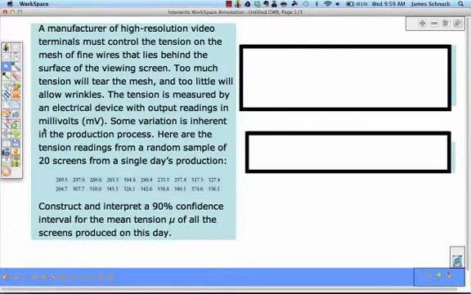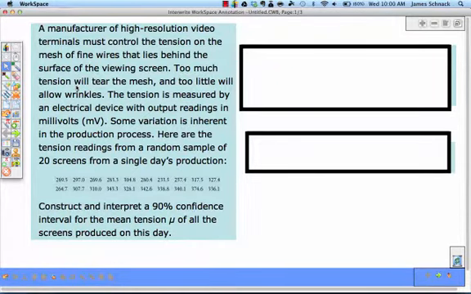So let's do an example. We're going to look at TVs, some video terminals. The tension on the mesh of fine wires that lies beneath the surface of the viewing screen: too much tension will tear the mesh, and too little will allow wrinkles.